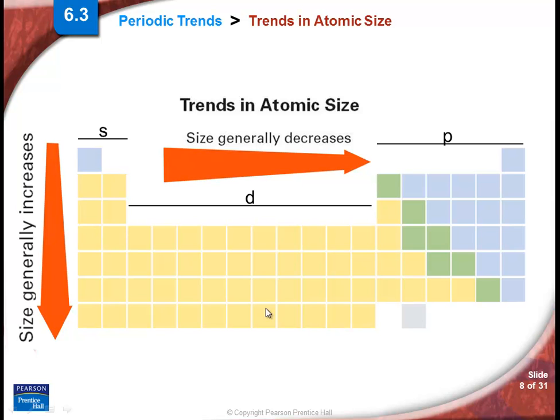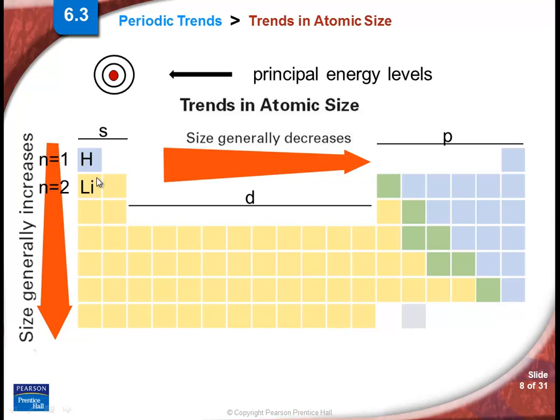And here's just to remind you, here are the blocks. Here's how the periodic table can be organized in terms of the atomic orbital sublevels. If we start with hydrogen, let's go down the alkali metals. Hydrogen has one electron in the first principal energy level. But then as we go down, here's lithium.